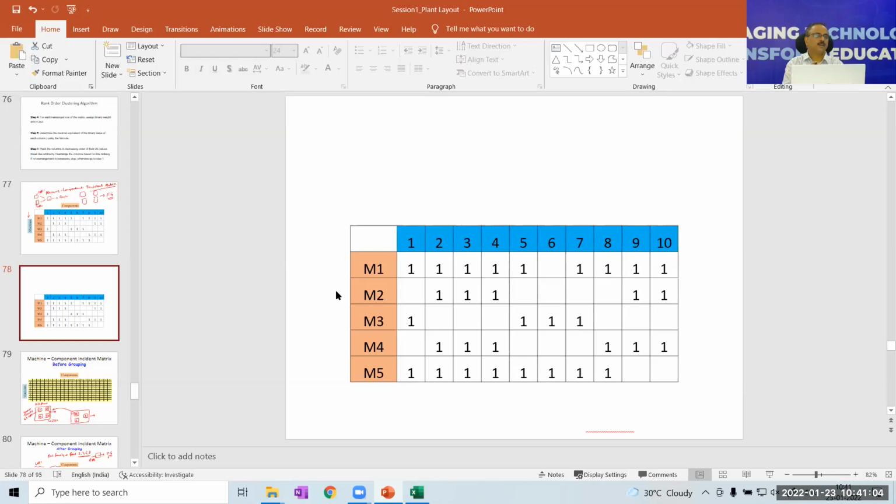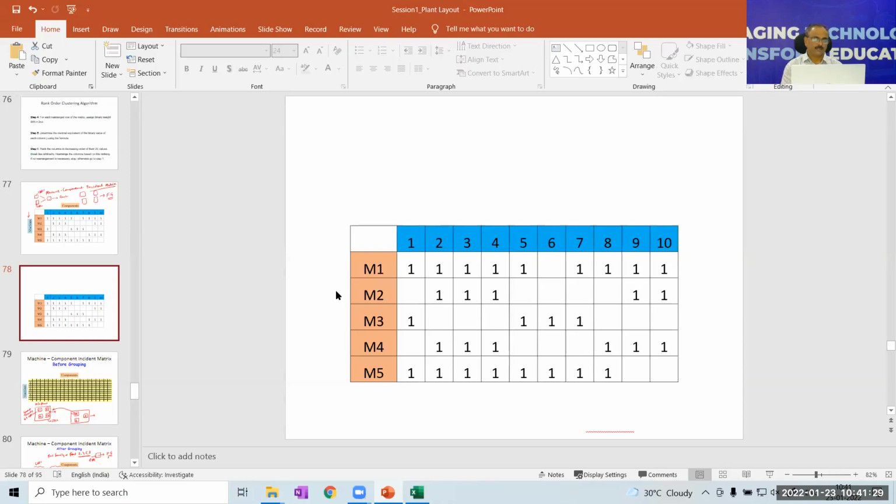Here, the objective is how we can group those components. To create a grouping, we are using a particular algorithm which is based on creating a ranking using the binary weight characteristics, and utilizing that to bring those parts or components together so that we can form a cell.